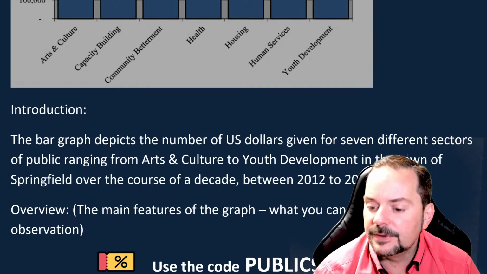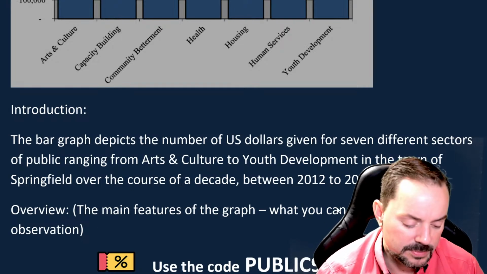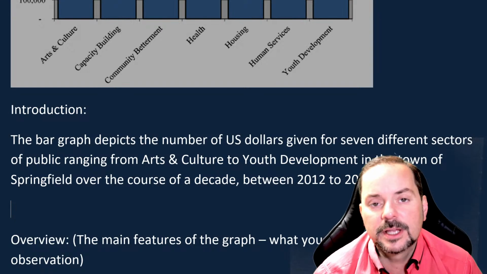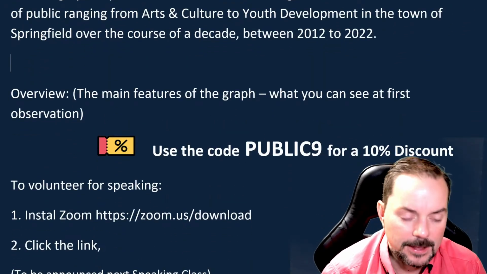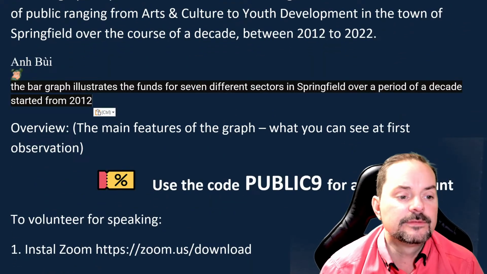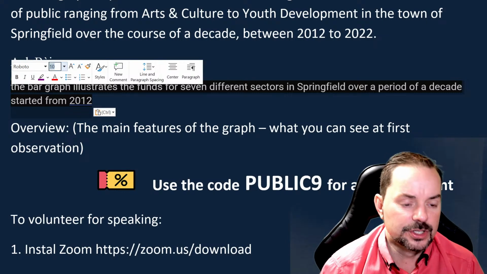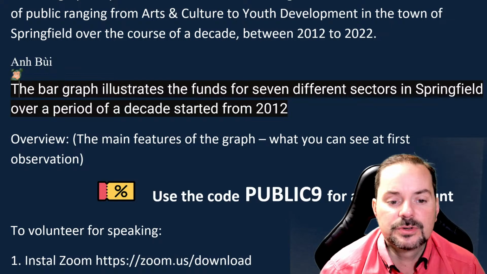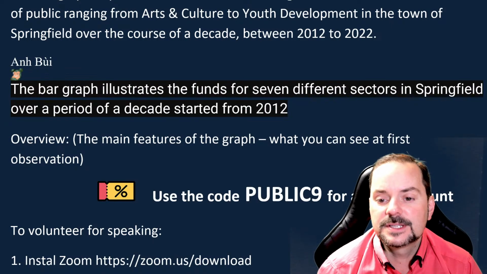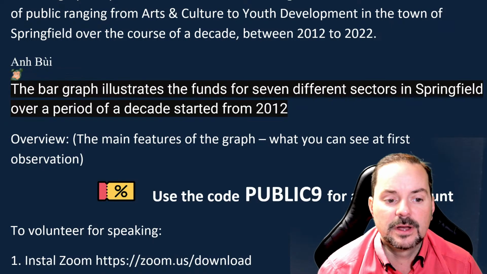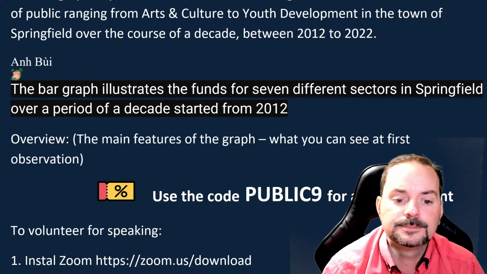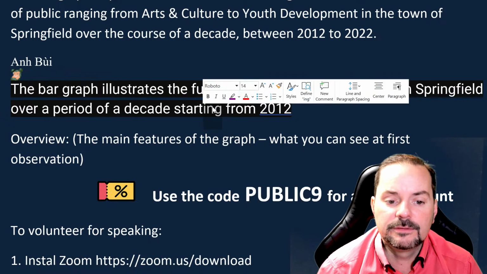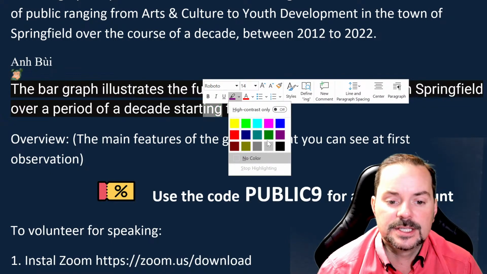All right, very nice. I love it when new members contribute. It's really good that you did that. So before I continue on with the overview, this is what Un has written for the introduction. Good for you, Un. Un writes, the bar graph illustrates the funds for 7 different sectors in Springfield over a period of decades starting from 2012, and I would finish this.